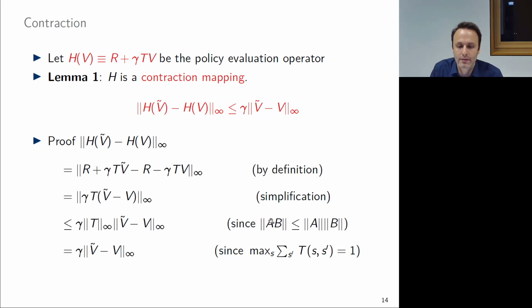If we use this rule here, then we can see that this is going to be smaller or equal to gamma times this max norm of the transition matrix, which is, by the way, 1 because it's a probability distribution, times this difference. Yeah? And so we end up with gamma times this distance between the two estimates. And so gamma is going to be decisive for shrinking this distance. The discount factor, if it's smaller, then we will shrink more.